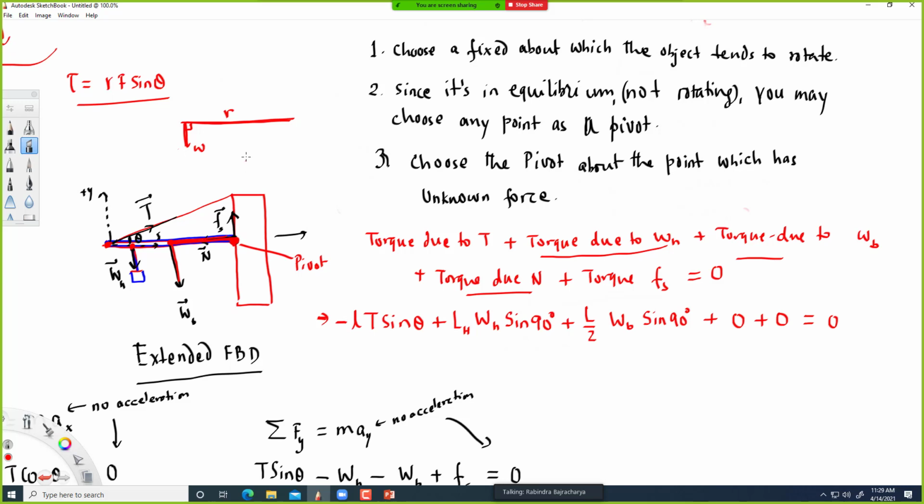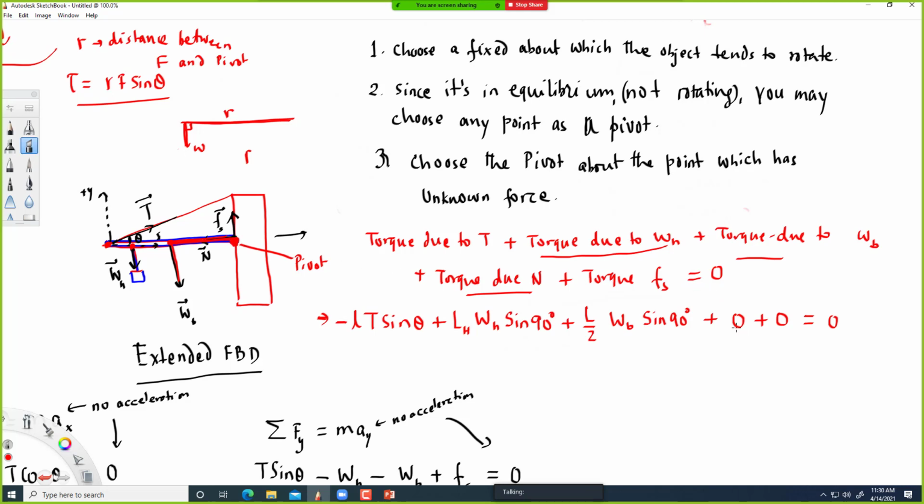So this R is distance between force and pivot, which is 0 in this case because both are at the same point.